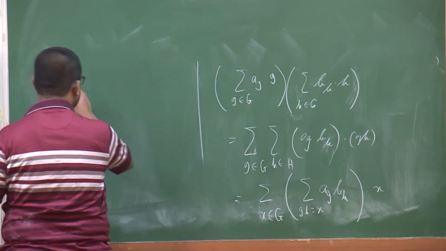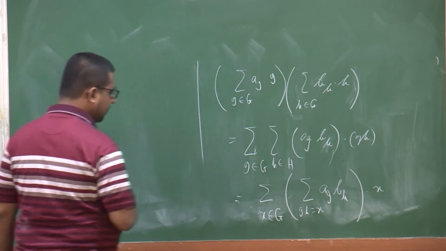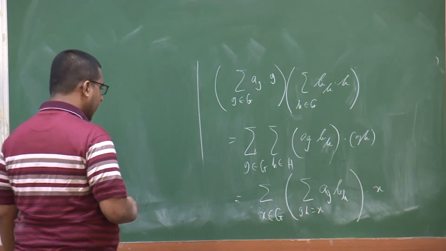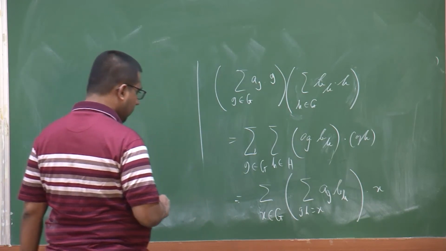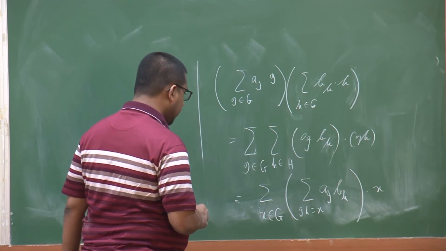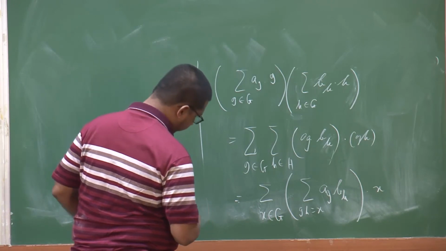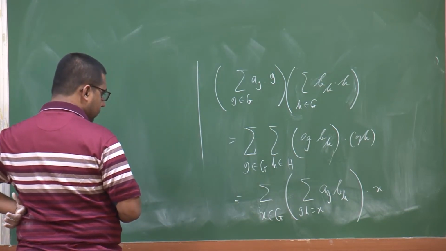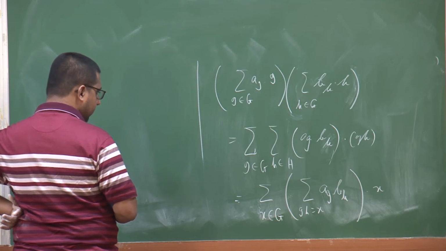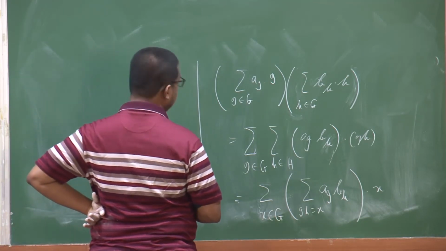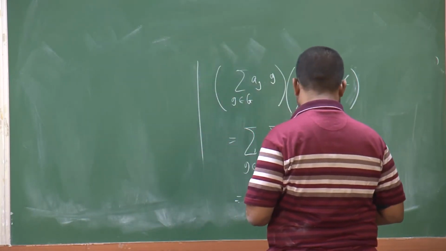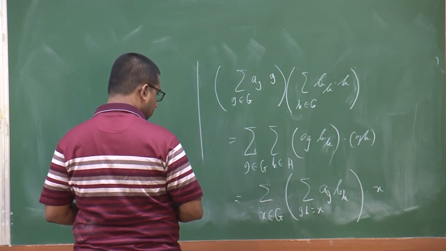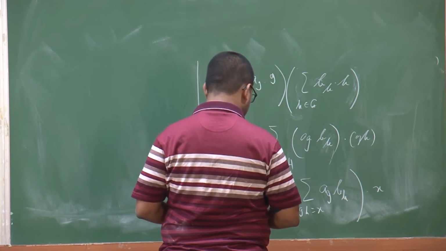So GH is x, therefore H is G inverse x, or maybe I should write it as G is equal to x H inverse.